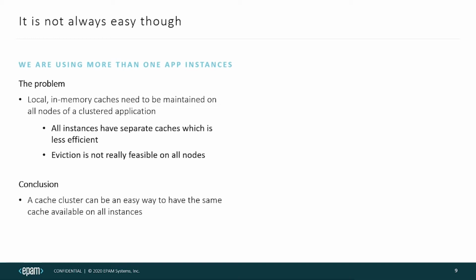So an obvious conclusion can be to go for a cache cluster, and if you do, you won't regret it, most probably, because that is synchronizing everything for you. So it will take care of the eviction problem built in, because whenever any of the application instances say please remove this item, it would remove for all of them.